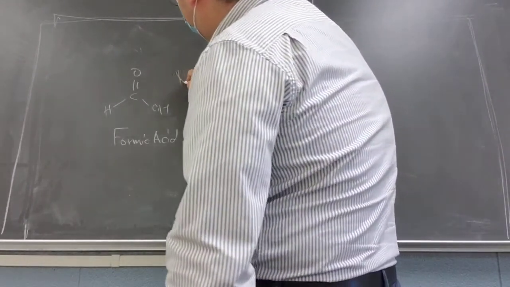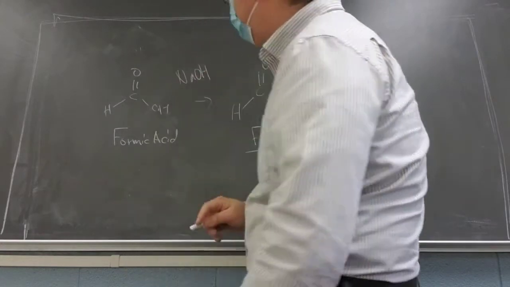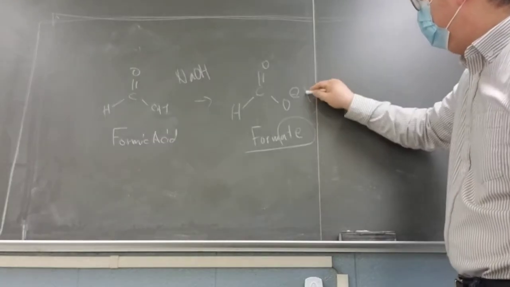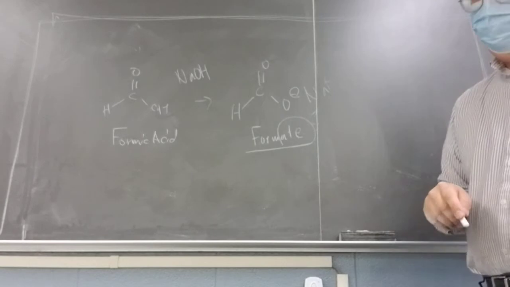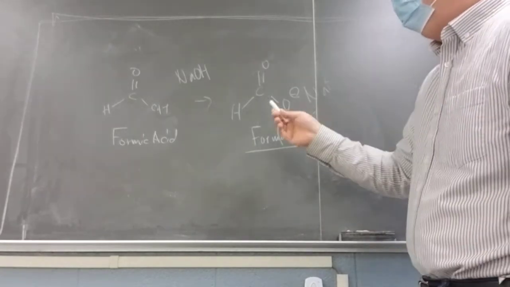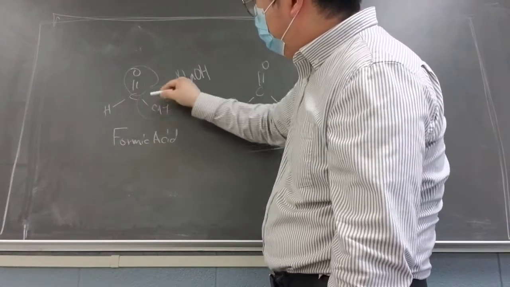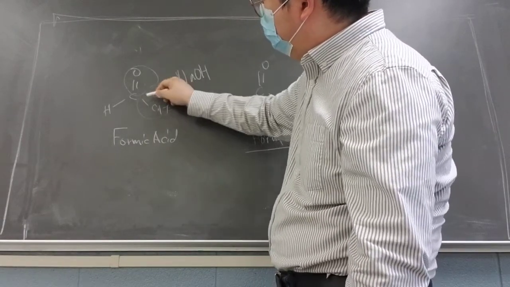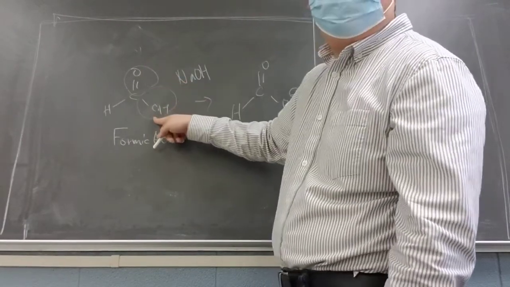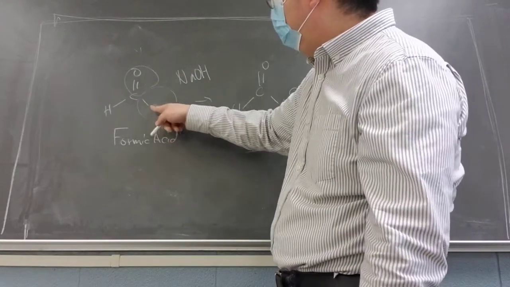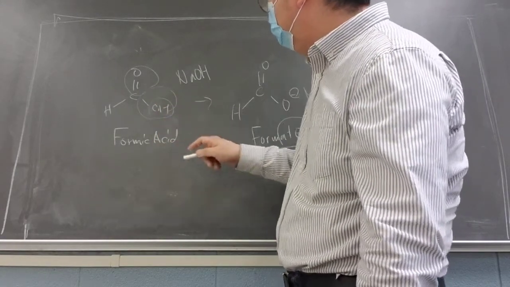When you treat it with a very strong base, because it's a weak acid, they can actually form carboxylate. So when you look at these two, this carbon is bound to oxygen with a double bond, and this is the single bond with the hydroxyl group, right?